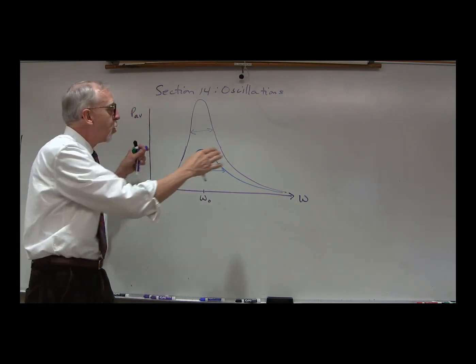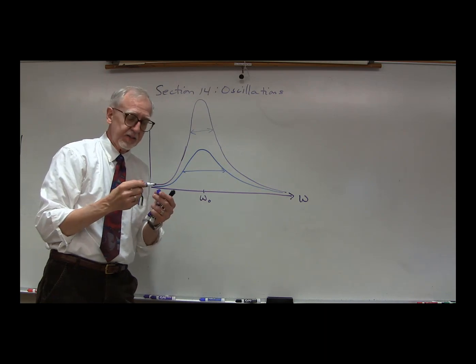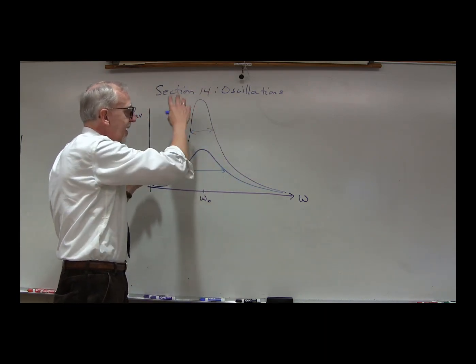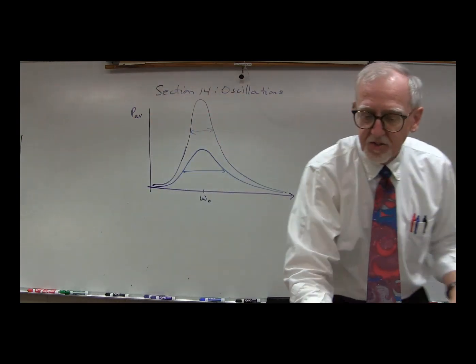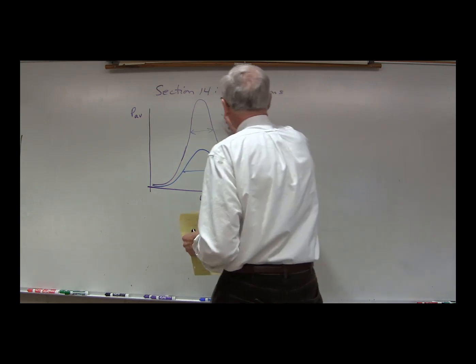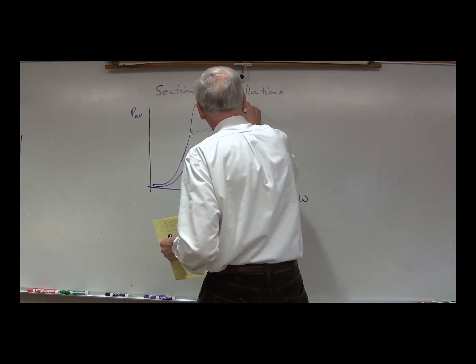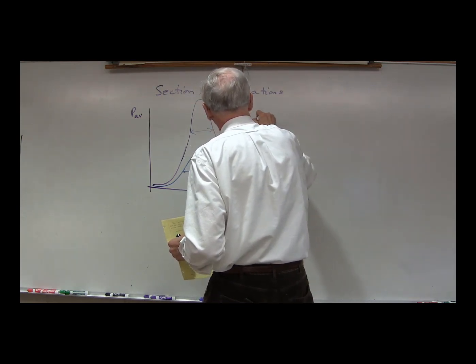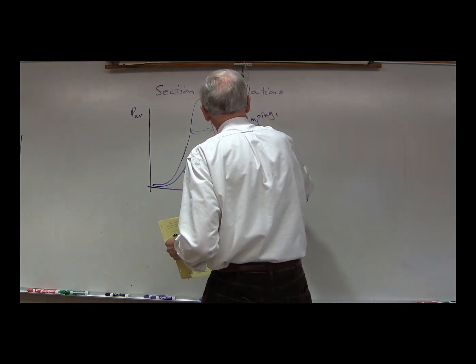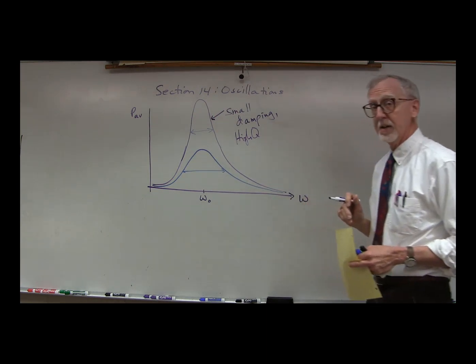Okay, something like that, so that the width of this we can see is obviously less than the width of this. The more narrow the response, the more power we get into the system, and this is what we have with small damping, in other words, a high Q value.